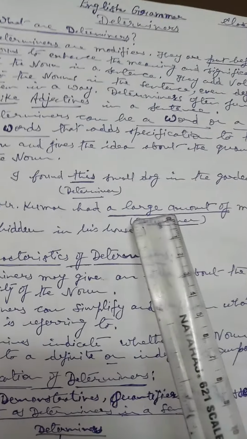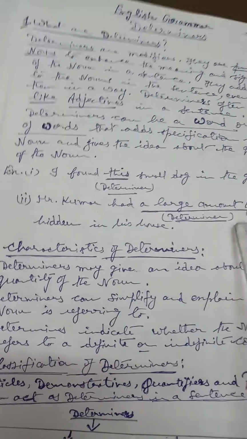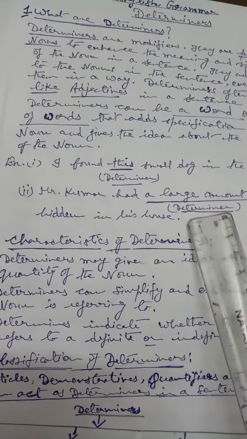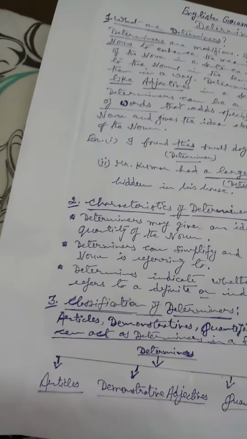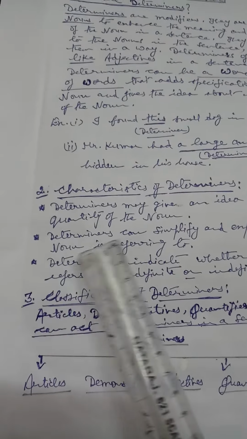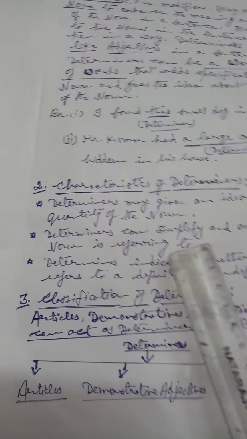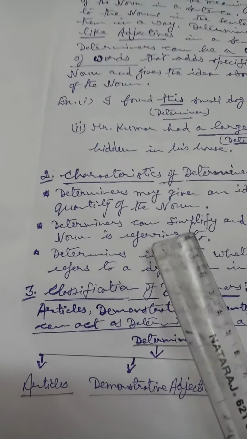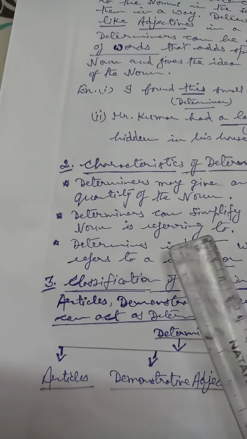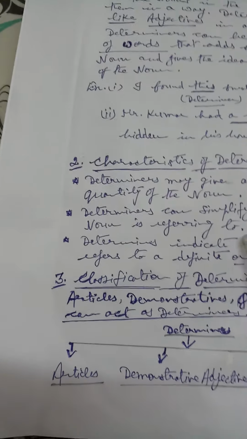Here we have read just now, money in which a large amount. So this determiner is telling about the quantity. In the same manner, the second point is determiners can simplify and explain what a noun is referring to. It tells us exactly what a noun is referring to in the sentence.